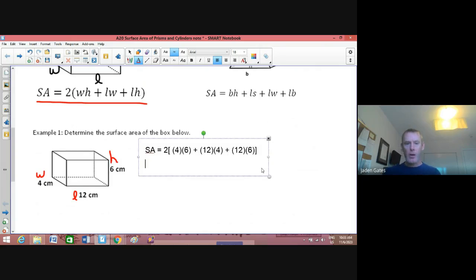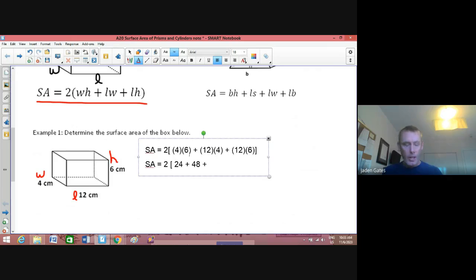Now I've got to follow Bedmas. Inside the square brackets, I've got other brackets where I have to figure some stuff out, and the last thing I'm going to do is multiply by 2. Inside brackets, I follow Bedmas, which is multiplying first. 4 times 6 is 24. 12 times 4 is 48, plus 48.